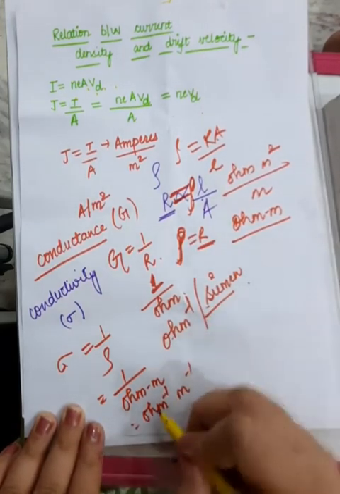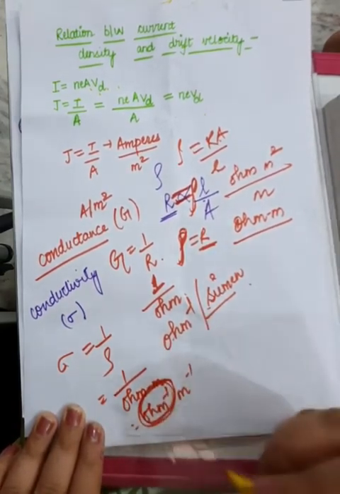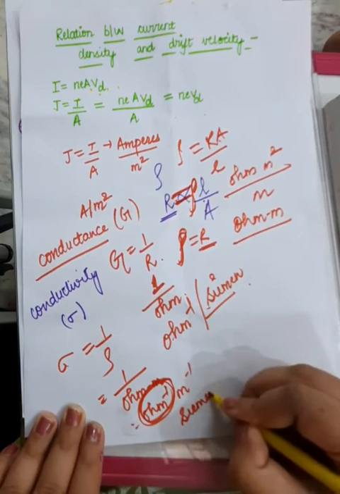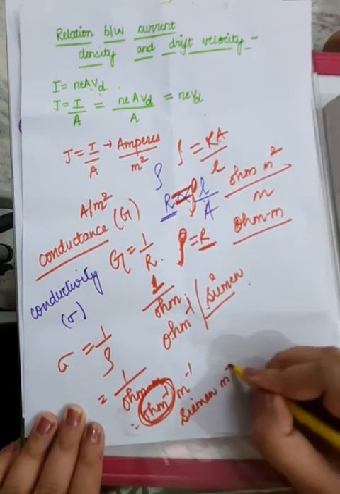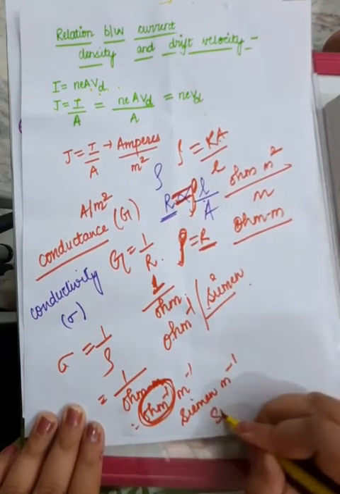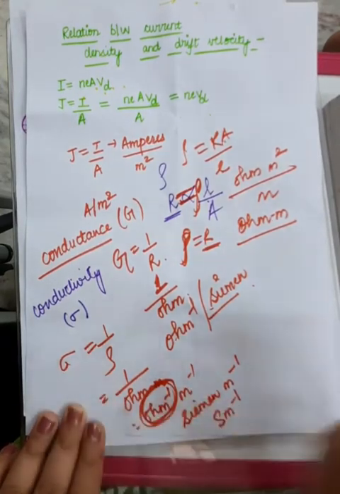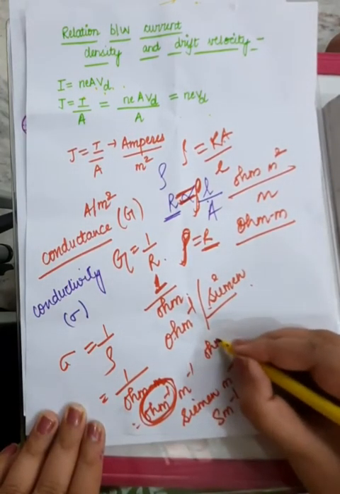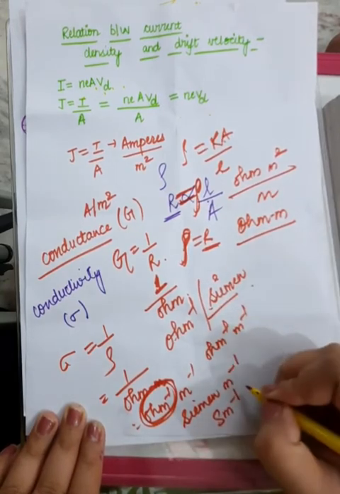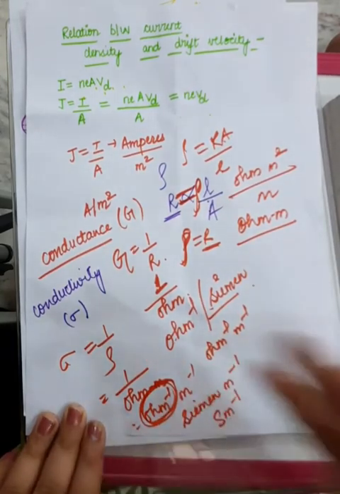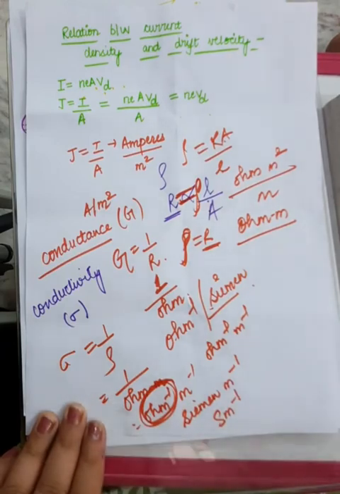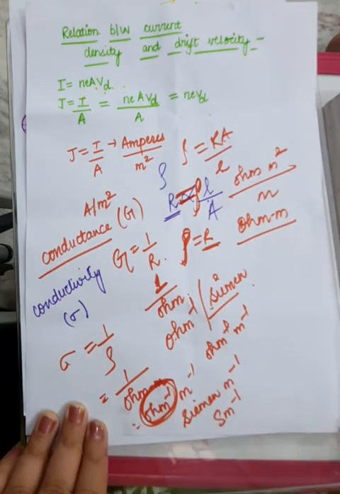But just now I told you that ohm inverse is nothing but siemens. So siemens per meter, S meter inverse, is the unit of conductivity, or simply you can write it as ohm inverse meter inverse. Clear? So this is all about conductivity, conductance, and everything about current density.